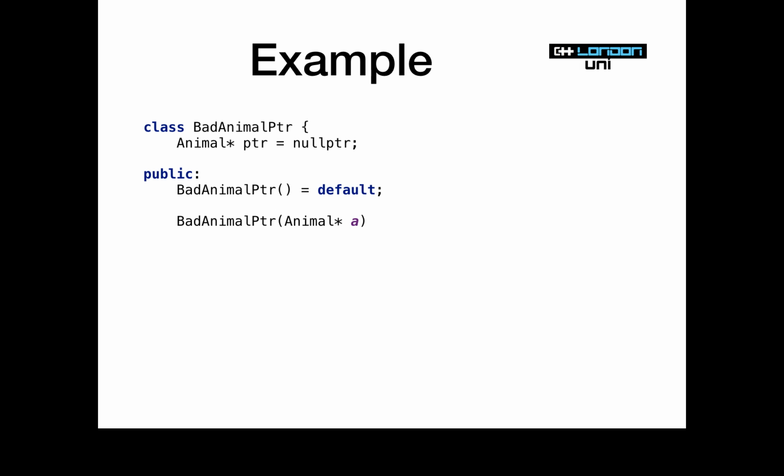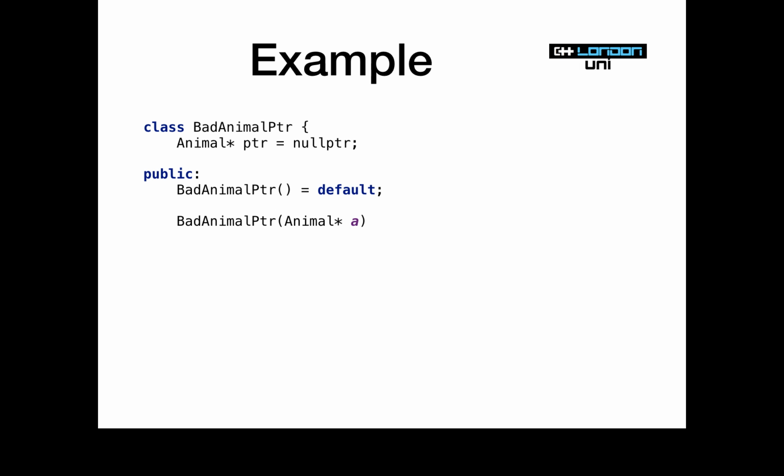So what does this line do? What does this line declare? It's a copy constructor. Well, it's not quite a copy constructor. A copy constructor would take another instance of BadAnimalPointer by reference in there. This doesn't do that.